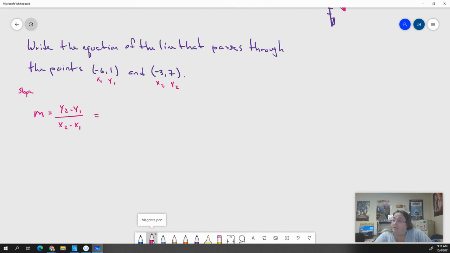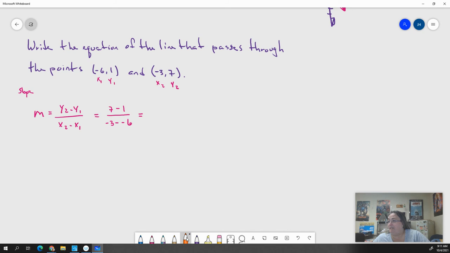So I'm going to look at that. Well, what's my y2? Y2 is 7 minus my y1. Well, that's just 1. Over my x2, well, that's negative 3, minus my x1, which is negative 6. Note, I wrote in both negatives to remind myself to add, right?